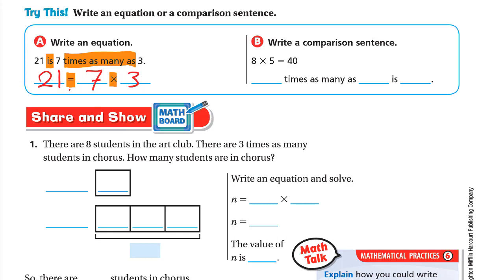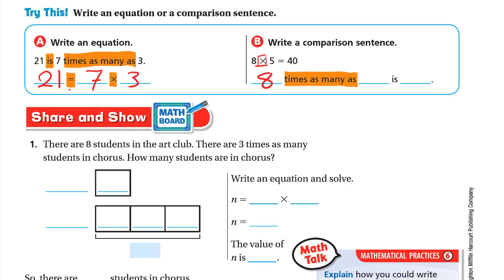Okay, so the other way, in letter B, write a comparison sentence. So we have the equation and we need to write the comparison sentence. So 8 times 5 equals 40. Let's translate it back. So this is 8. Instead of the multiplication sign, we will write times as many as.